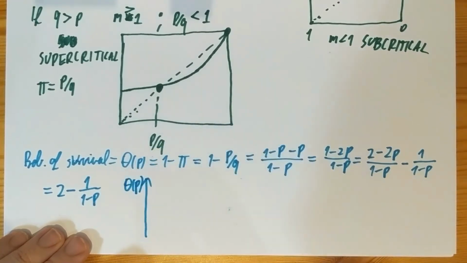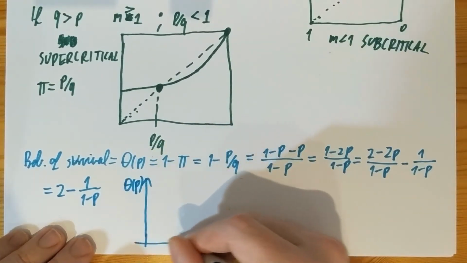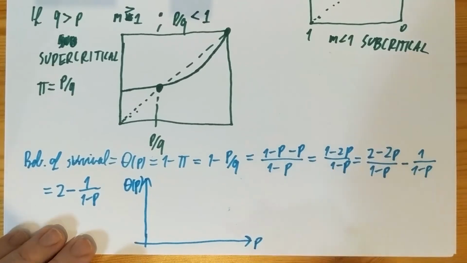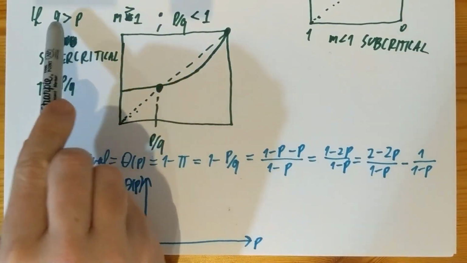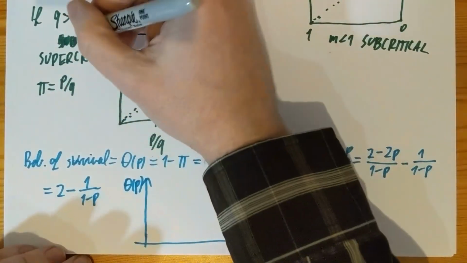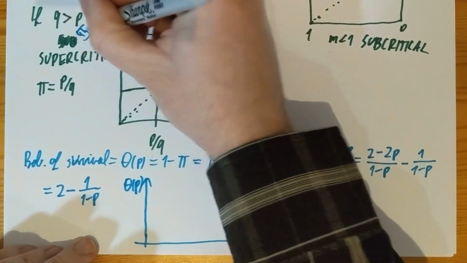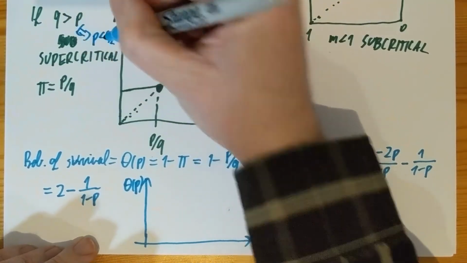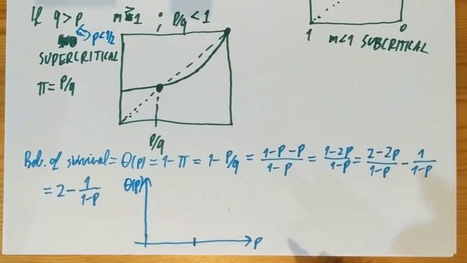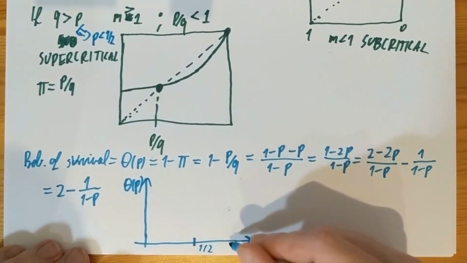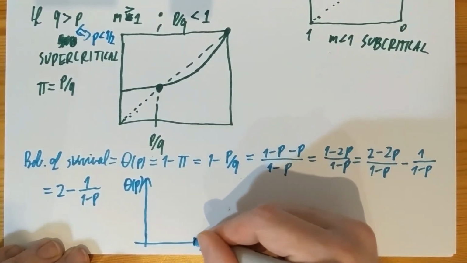So the survivor probability as a function of p is the following. This is the region where p is smaller than q, or that's equivalent to p being smaller than 1/2. So I have this function here, 2 minus 1 over 1 minus p, when p is smaller than 1/2. And how does that function look?